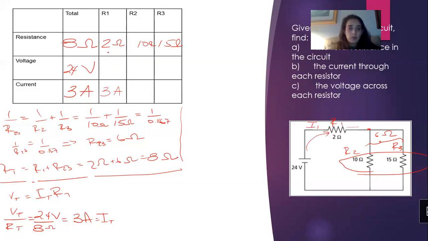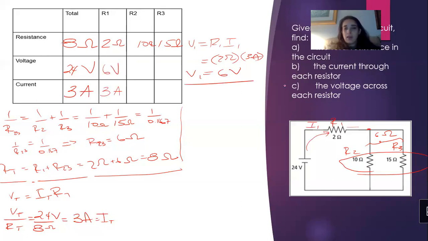So if we know the current in the resistor, then the voltage for the first resistor is going to be R1 times the current through there. So we have our resistance, which is 2 ohms, times my current, which is 3 amps. So then here, the voltage drop across the first resistor is going to be 6 volts.